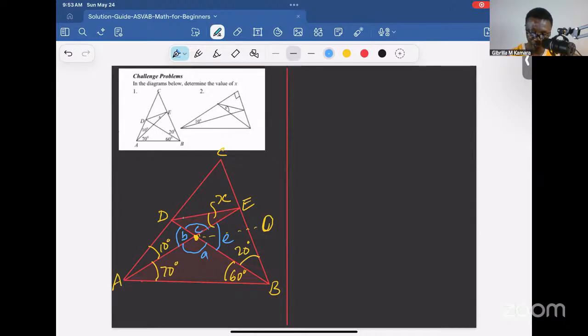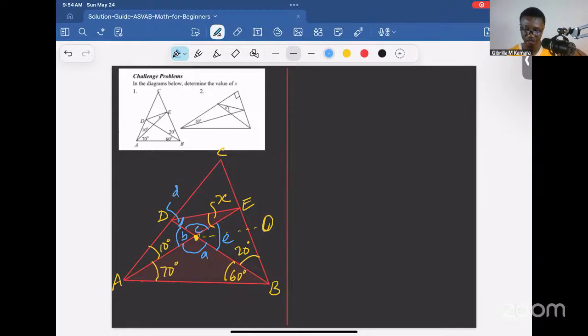Then we need this other angle here. Let's say that is D. All right, so then we also need this other angle.